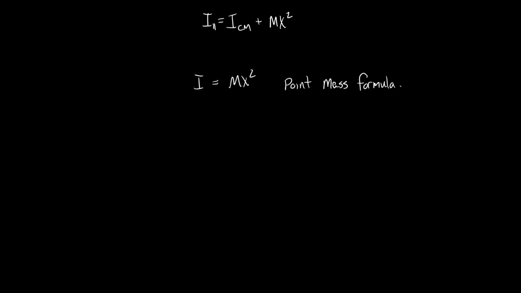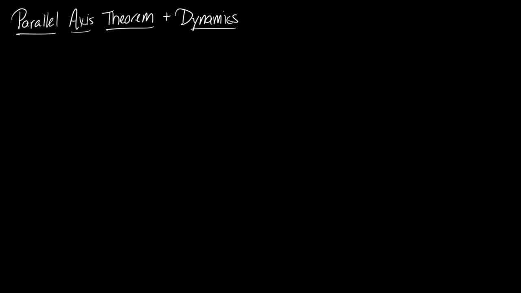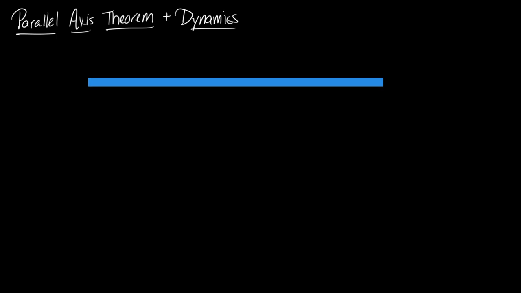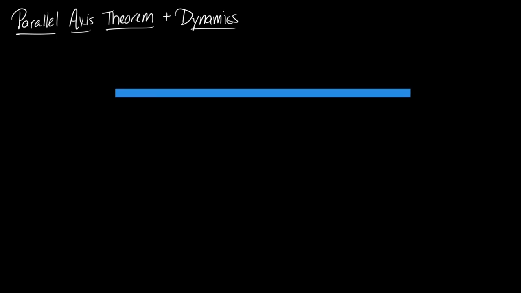Well, I've lost a little bit of time, and it's my own doing. When we first started our conversation about how to deal with moment of inertia, one of the things I did is we did a summation first, right?